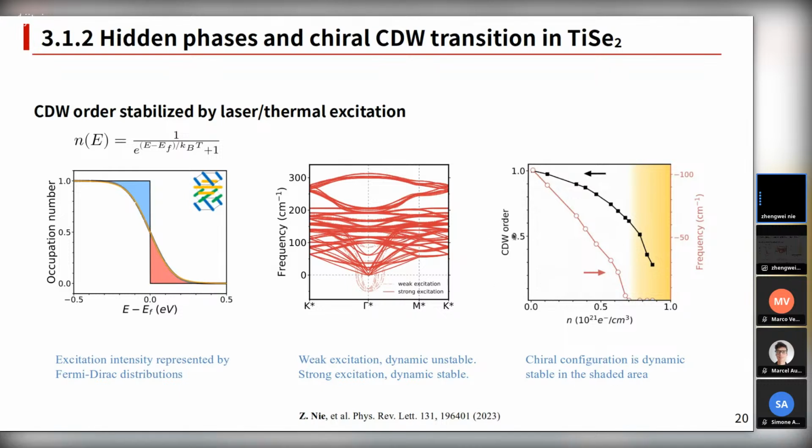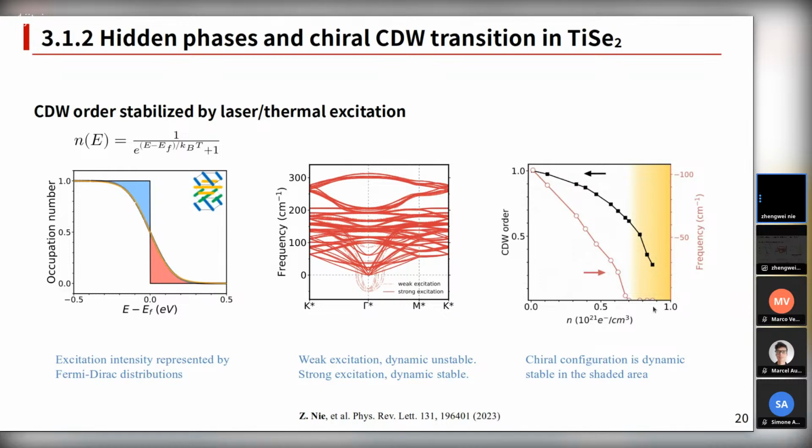We also calculate the chiral charge density order and its soft phonon frequencies with different excitation intensities. We can see that in the yellow shaded area, the chiral charge density configuration is stabilized and the soft phonon mode disappears.